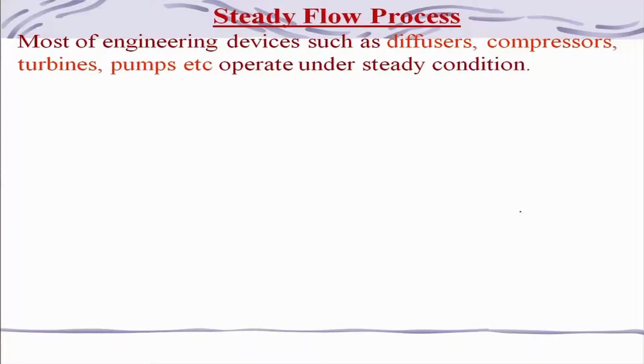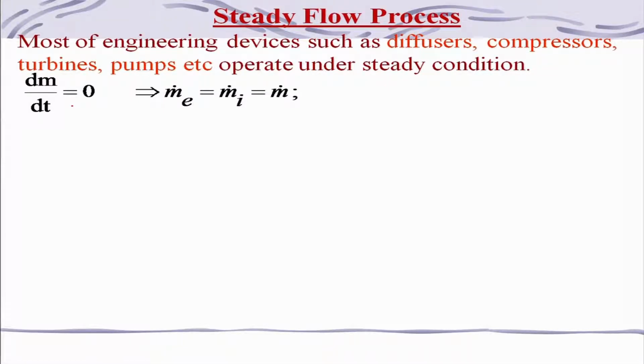Let us consider a steady flow process. As I told you, most engineering devices such as diffusers, compressors, turbines, pumps, etc., operate under steady state conditions. We can assume that without much error. So, for that we will say that dm/dt is equal to 0.